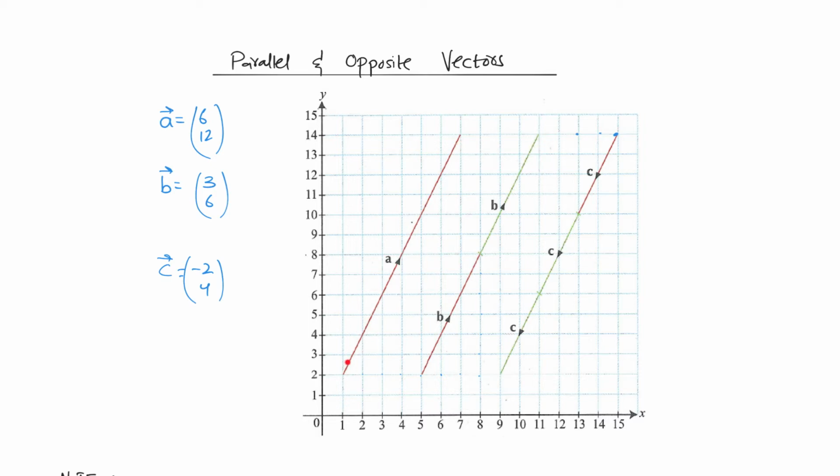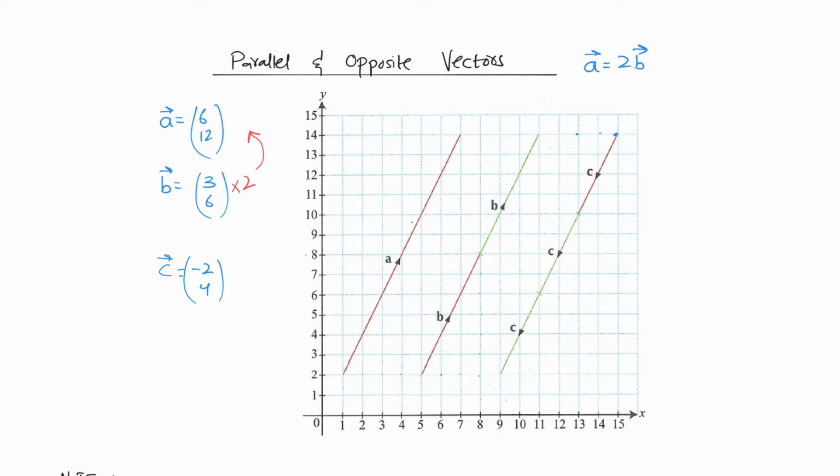So vector A is equal to twice of vector B. If I multiply vector B by 2, I get vector A.